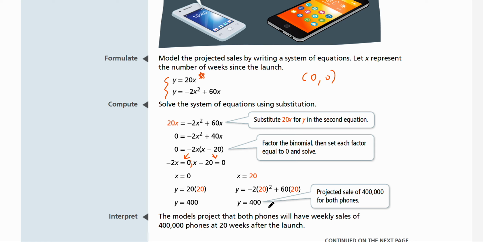So the models project that both phones will have weekly sales of 400,000 phones at 20 weeks after the launch is what your point 20, 400 means in words. So if you have an application problem with context, make sure your final answer is in a sentence, not just a point, because your point actually means something in this case.